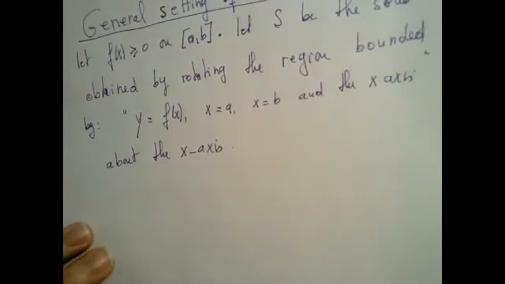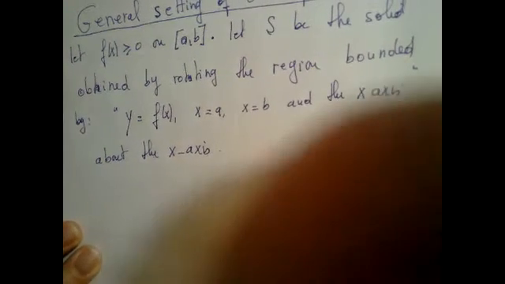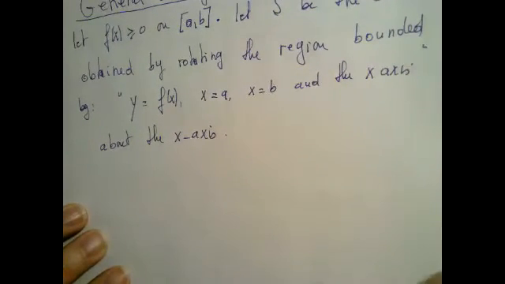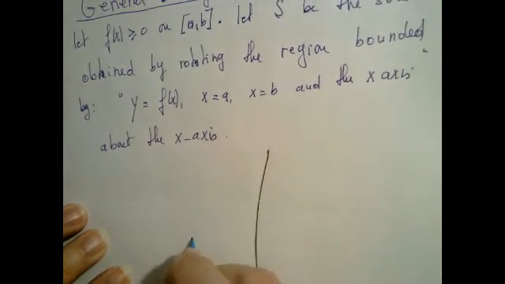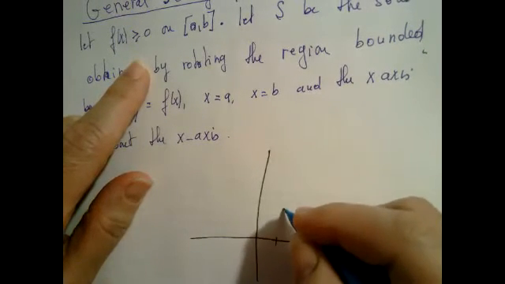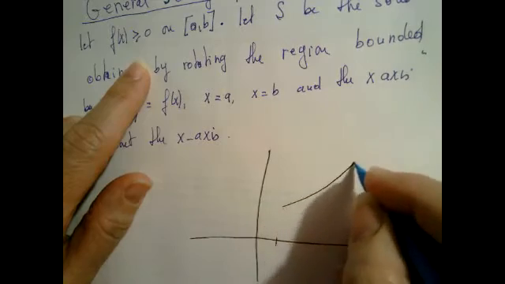Okay. So let me read this one more time, to make sure we understand. So we have a function which is positive on an interval [a, b]. Something like that.